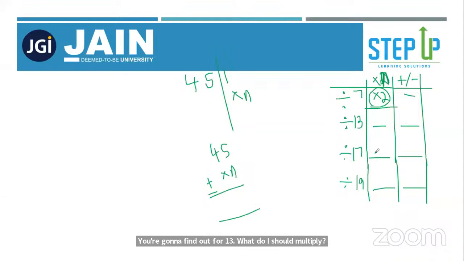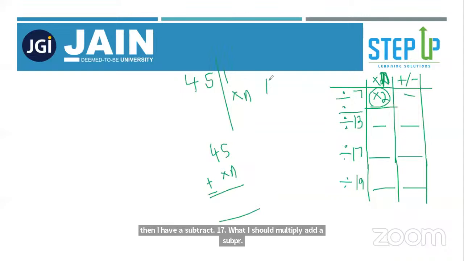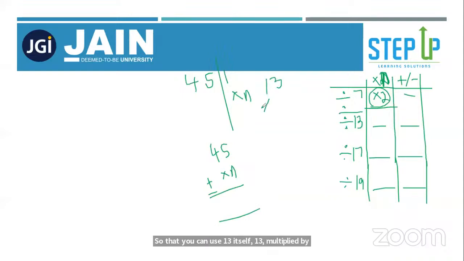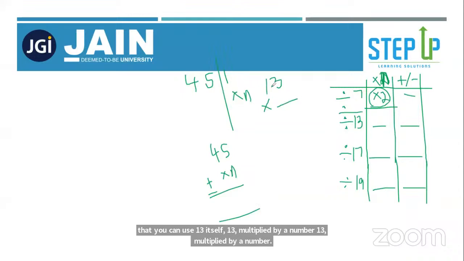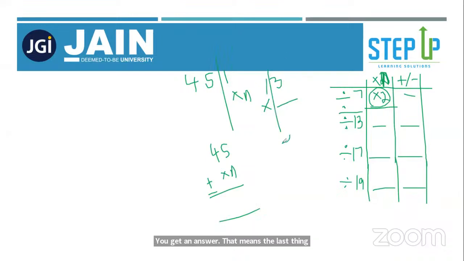The last digit 3 is multiplied with the number and added to the rest of the number, so that you get 13 or multiples of 13.